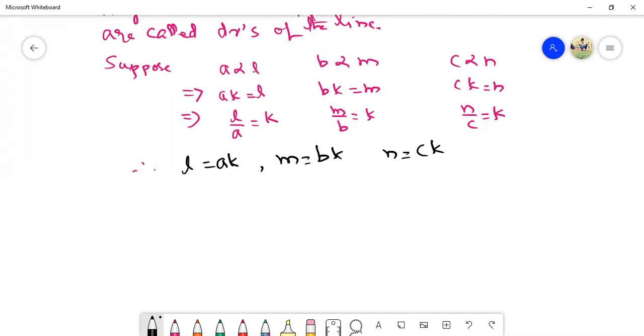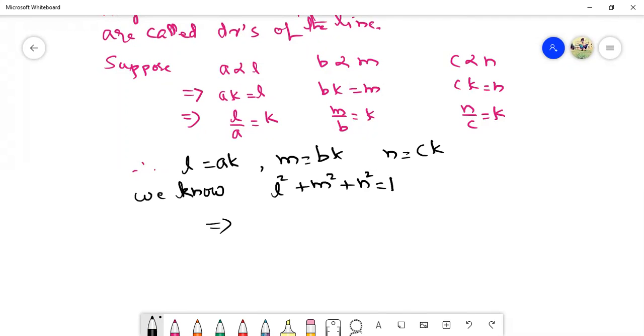And we know the relation between L, M and N, the direction cosines: the sum of their squares is always equal to 1. So we can put the values here to check the relation between direction ratios and direction cosines.